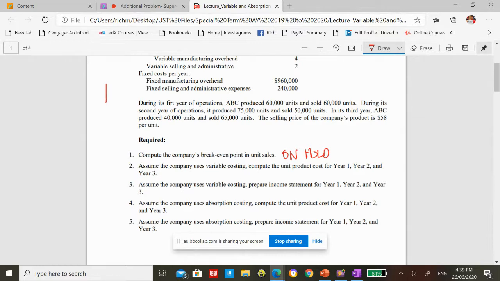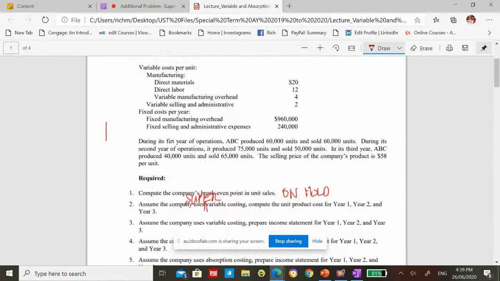This is on hold because it will be discussed after the variable costing. For number two, the company uses, instead of regular variable costing, super variable costing or throughput costing. Compute the unit product cost for year one, year two, and year three. In super variable costing, only direct materials will be recognized as product cost.